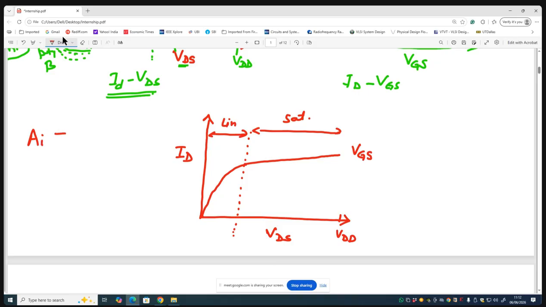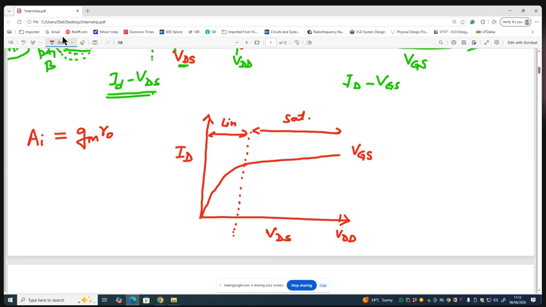the intrinsic gain of a transistor, which is given by gmro. Have you come across this parameter, gmro? Yes, sir.